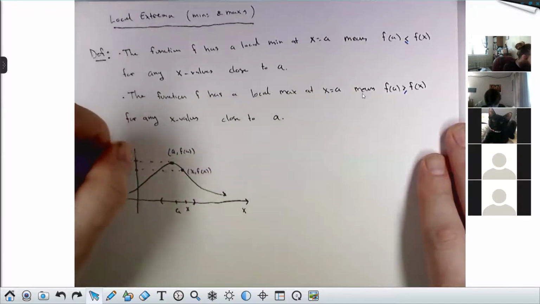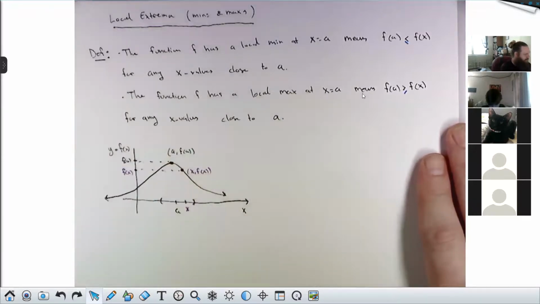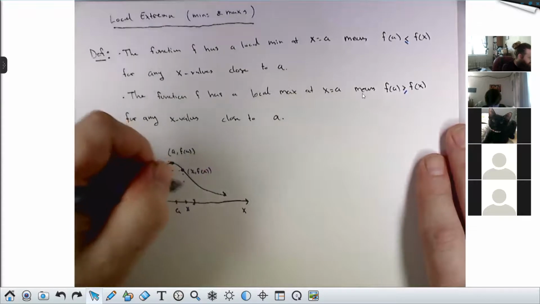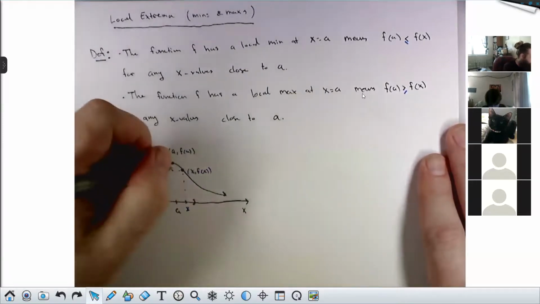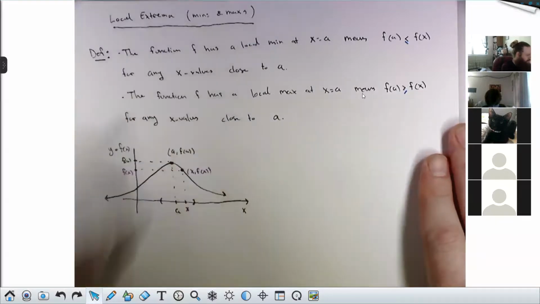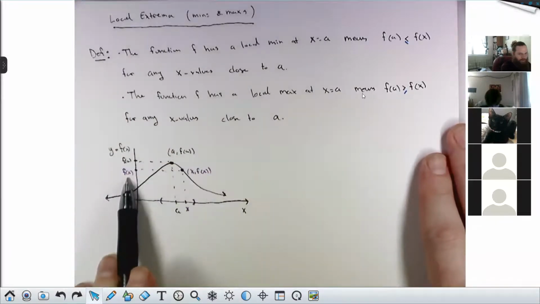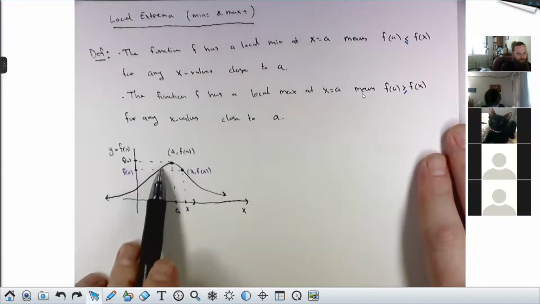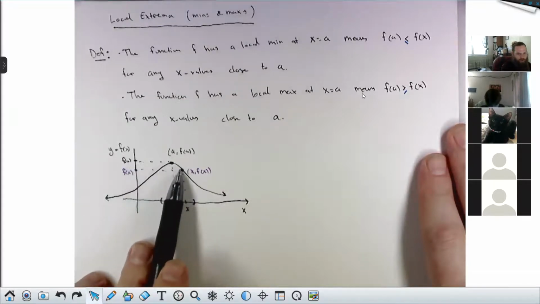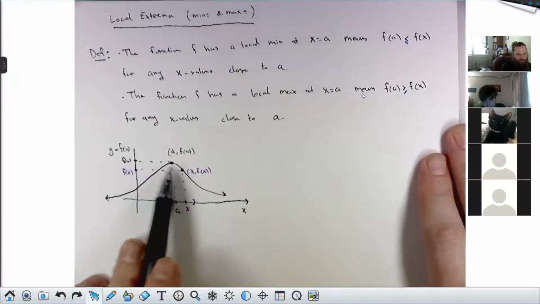is this y value. And I think you'd agree that if I picked any other x from the purple interval below, that f of that x would end up beneath f of a, because all the other parts of the graph here are lower down than this point right here.